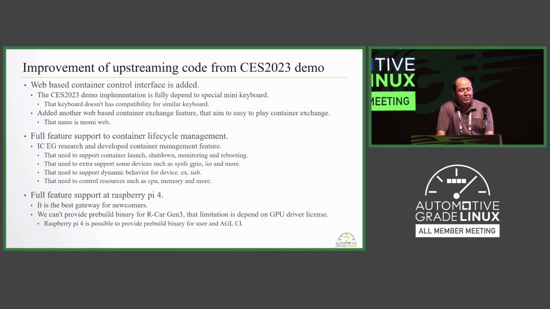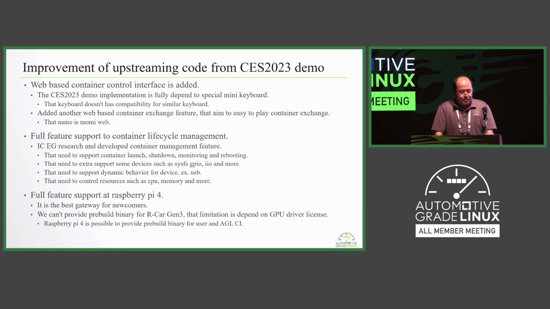This slide shows the improvement for upstreaming code from the CES2023 demos. A web-based container control interface is added. The CES demo integration is fully dependent on a special mini keyboard.